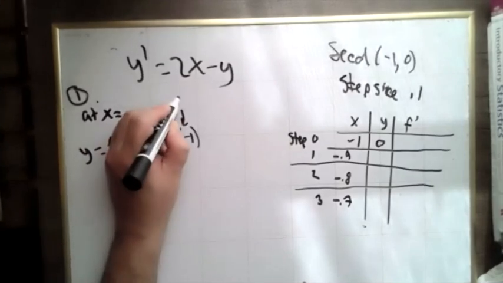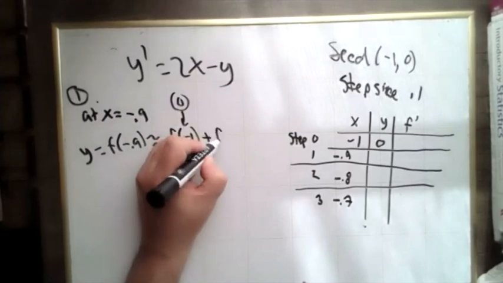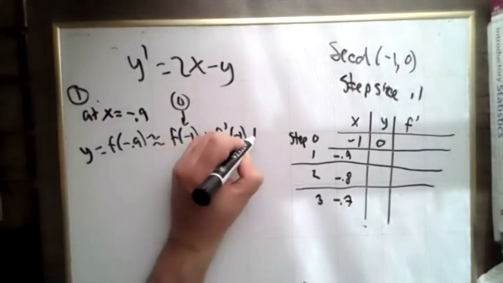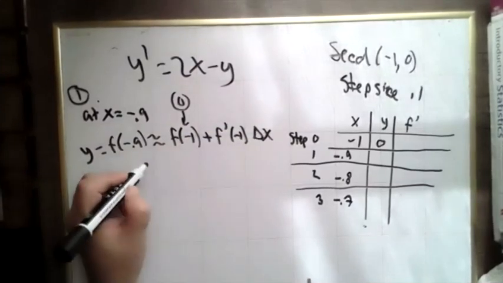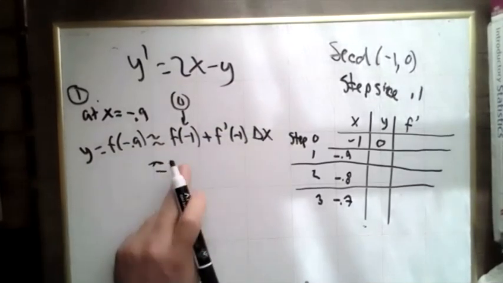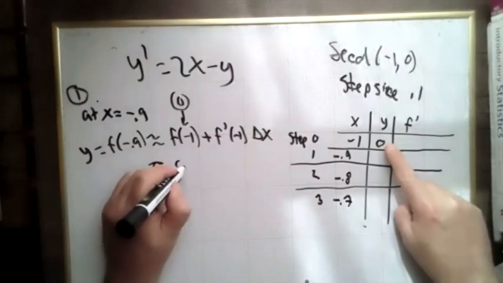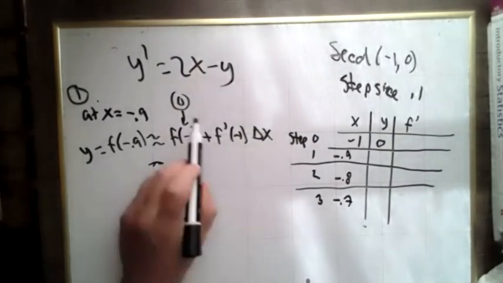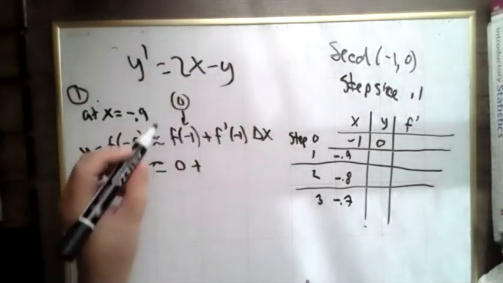So that's step 0, plus the derivative at the last y value times my step size. I know that last y value was 0. Now I've got to find the derivative at that last y value. So I'm going to do what we were just doing. I'm going to plug -1 in here.